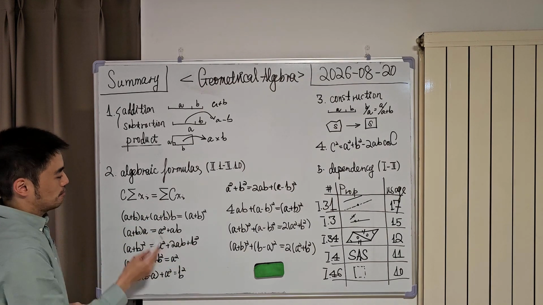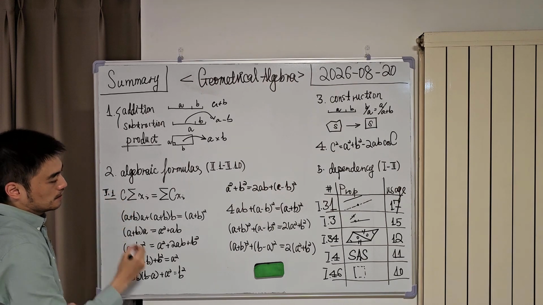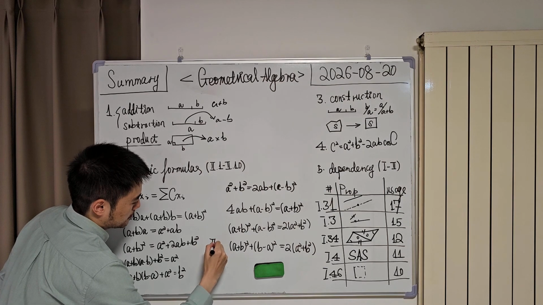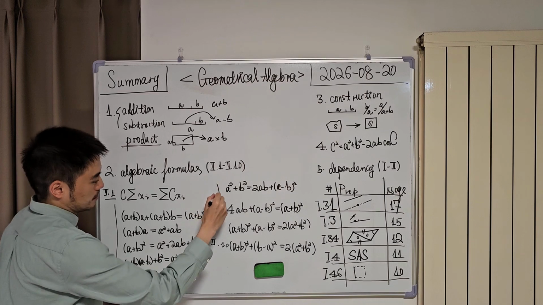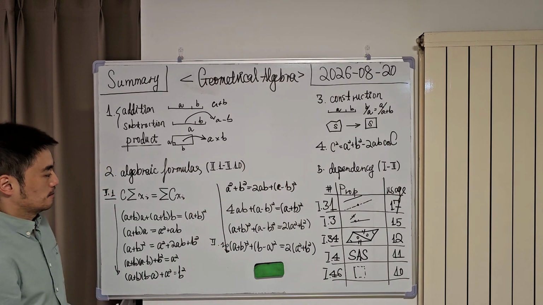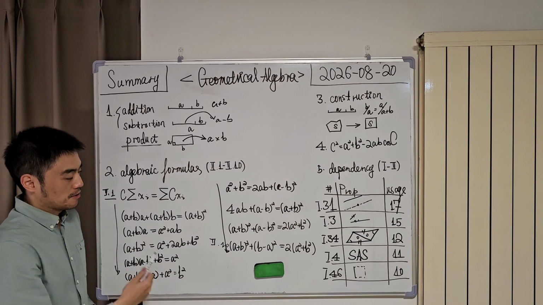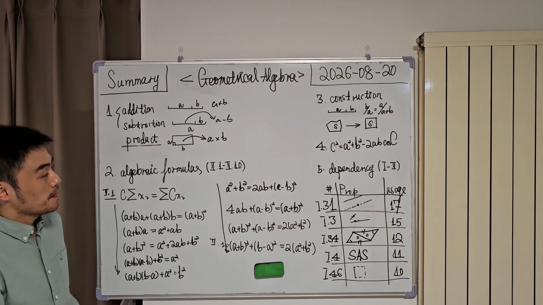So just have a look from proposition 1 until proposition 10. These are 10 algebraic formulas, or they are described in geometrical methods in book 2. Have a look at them, okay?